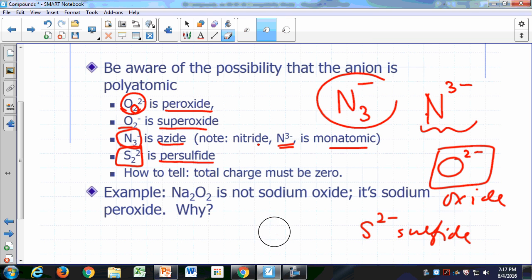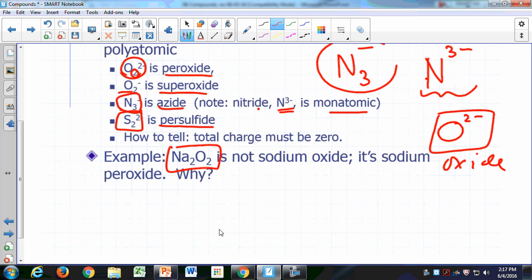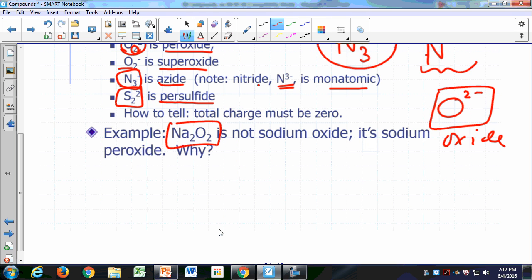Let's look at this example right here. This Na2O2, if I were to give you this formula, you should be able to figure out that it's not sodium oxide. It is sodium peroxide. Why is that? You can see that this is ionic, right? I've got 2 of the sodiums.